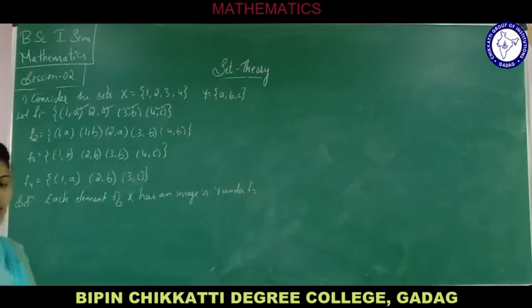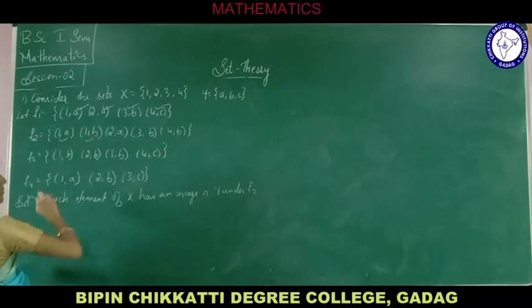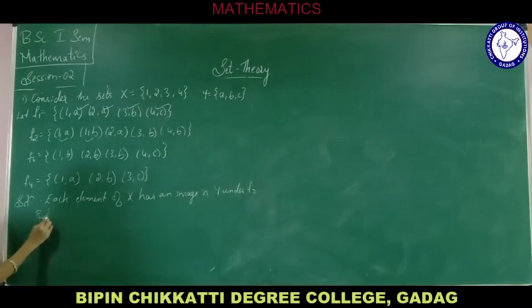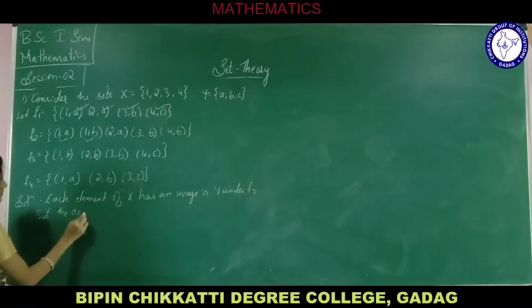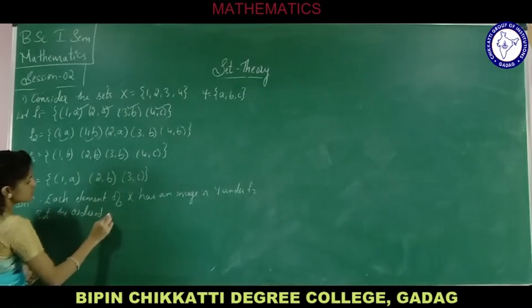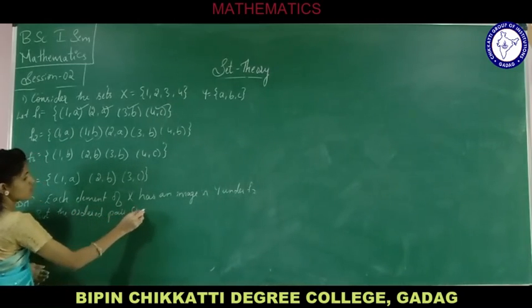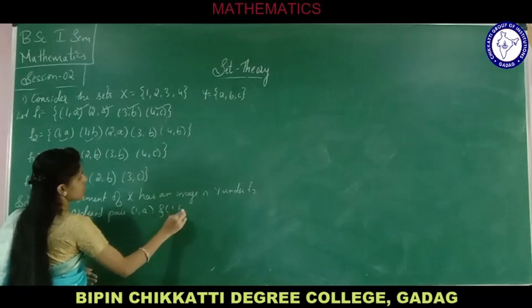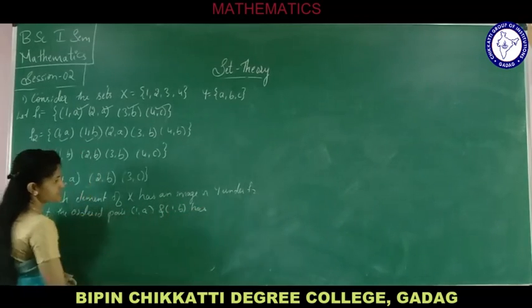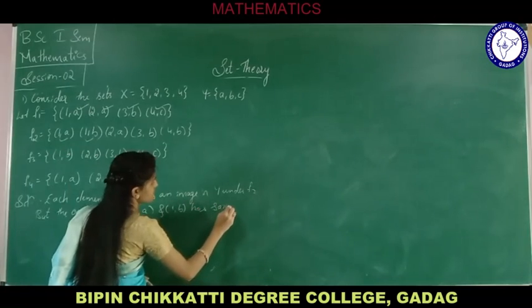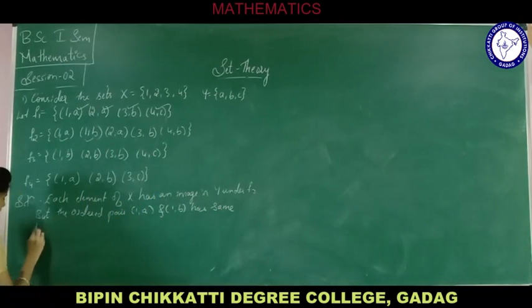Next, the ordered pairs (1, A) and (1, B) have the same first entry. See here, (1, A) and (1, B) have the same first entry.